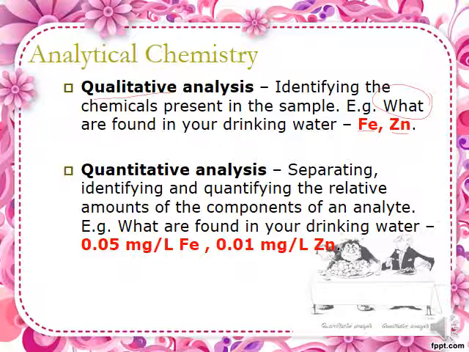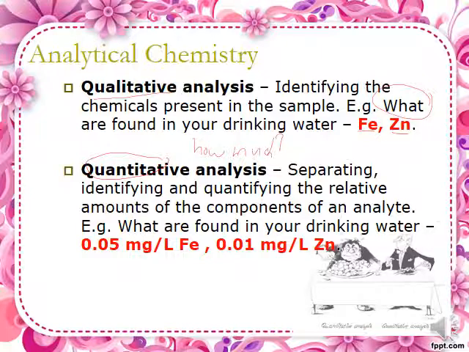When it comes to quantitative analysis, it comes from the word quantity. It's actually answering the question of how much. So you must have a value. For example, what are found in your drinking water, and how much?